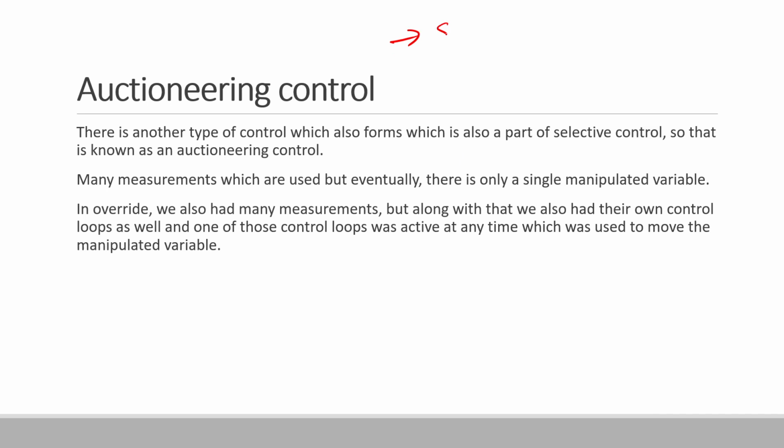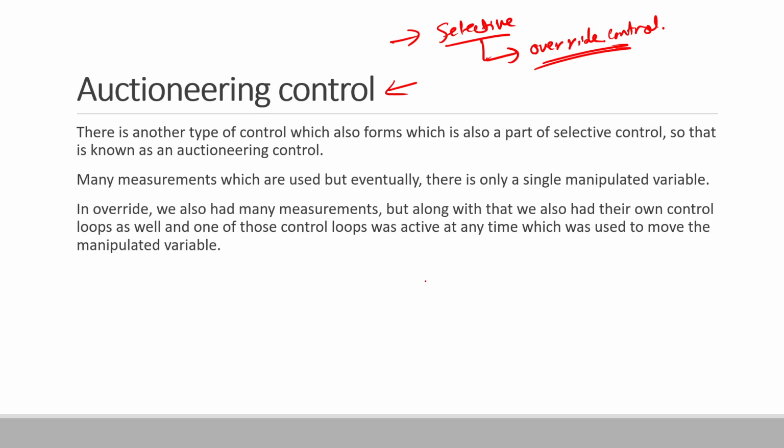So in selective control, we first studied this override control. And next, what we are going to study is auctioneering control. This is another type of control which is a part of selective control, whereby we have multiple measurements.